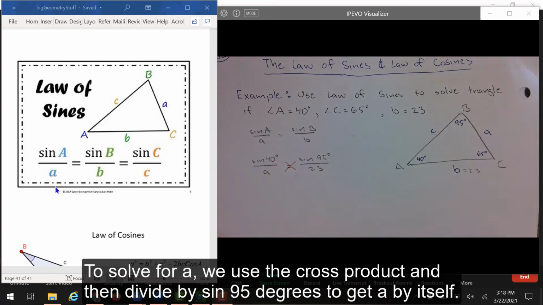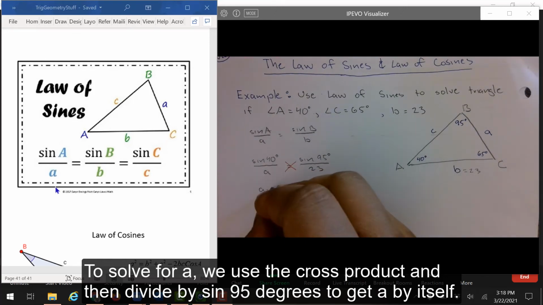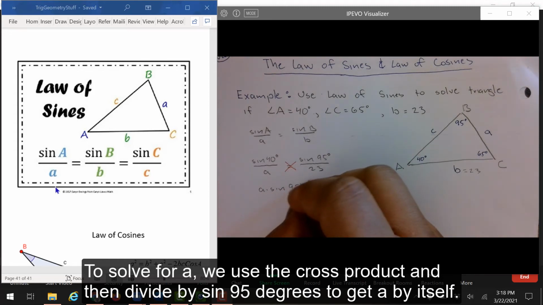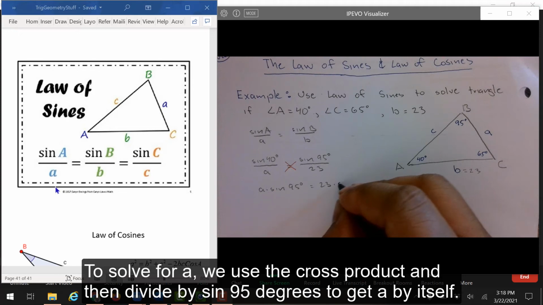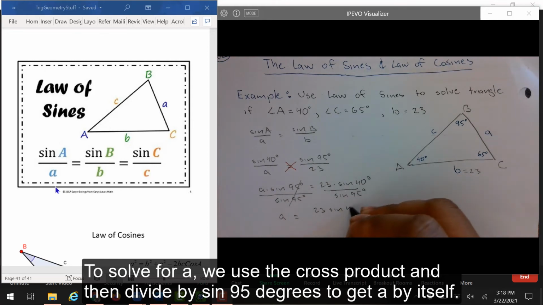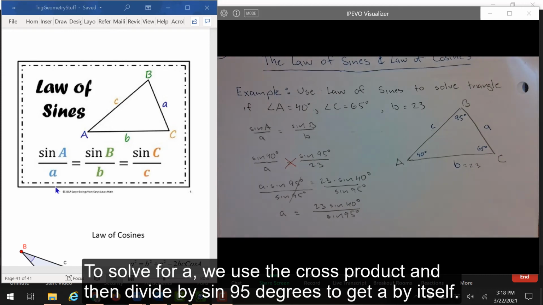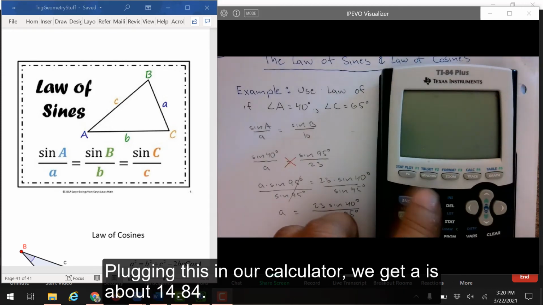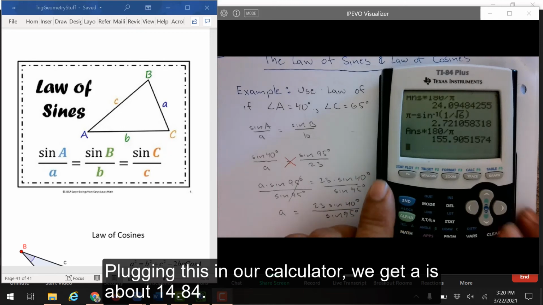To solve for A, we use the cross product and then divide by sine 95 degrees to get A by itself. Plugging this in our calculator, we get A is about 14.84.